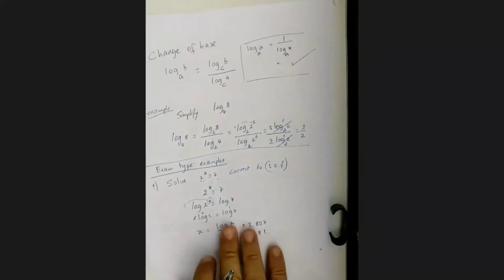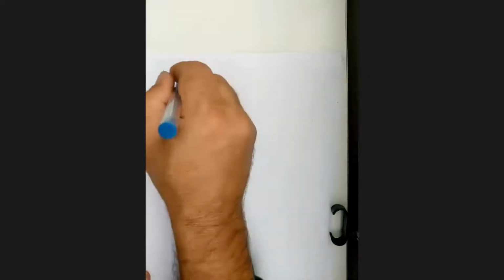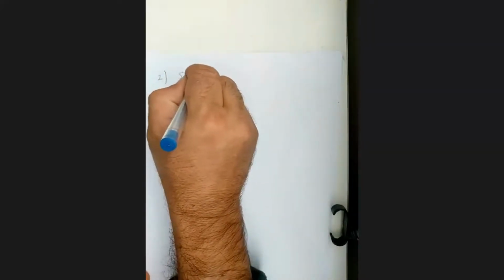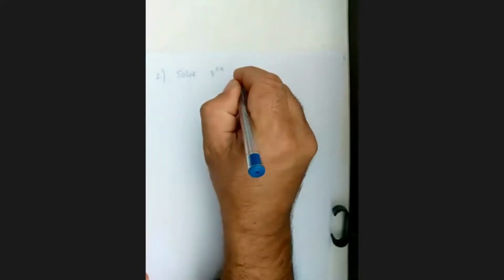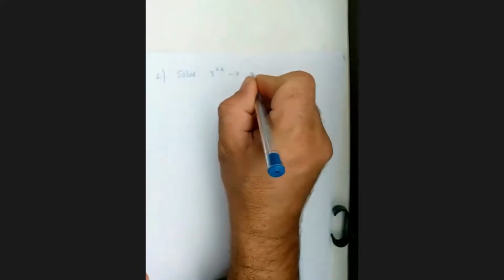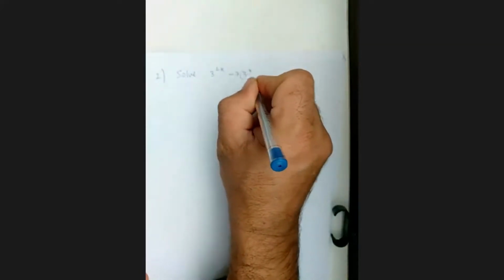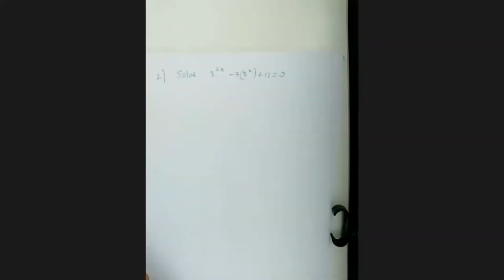Now let's solve another exam type example. Solve 3 to the power of 2x minus 7 times 3 to the power of x plus 12 is equal to 0.